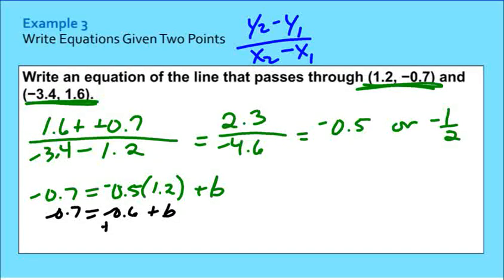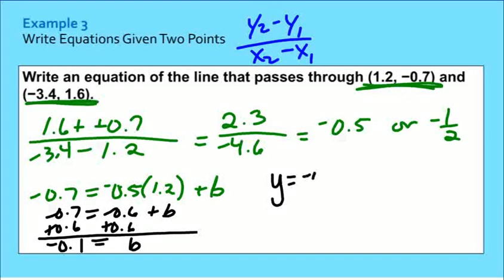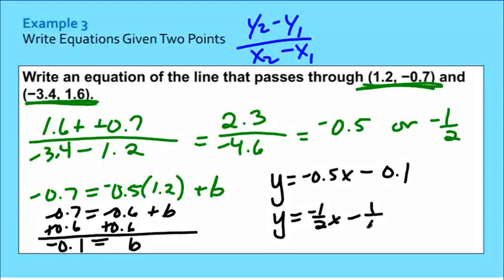To get b by itself, I add 0.6 to both sides, and I'm left with b equaling negative 0.1. So my equation would be y equals negative 0.5x minus 0.1. So that is one way you could write your equation. You could also put it as a fraction, which would be y equals negative 1/2 x minus 1/10. Either way would work.